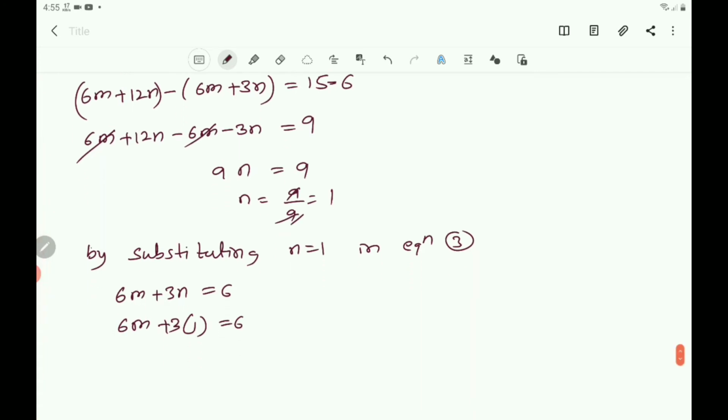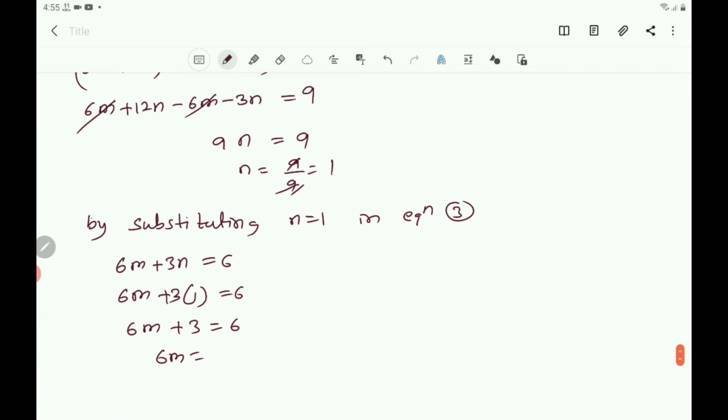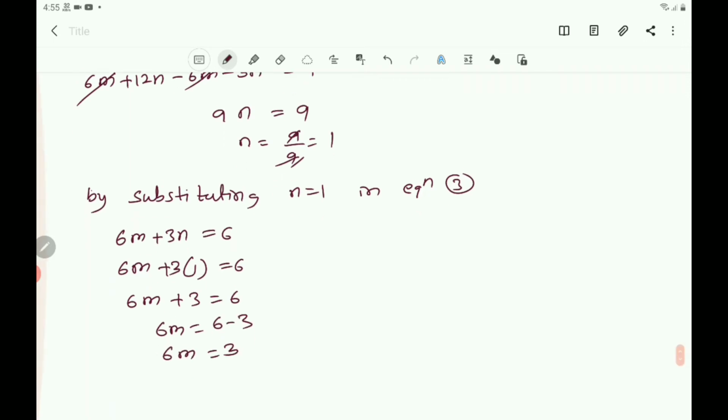Then it becomes 6m plus 3 equals 6. Then 6m equals, transferring that 3 to the RHS, 6 minus 3. So 6m equals 3.